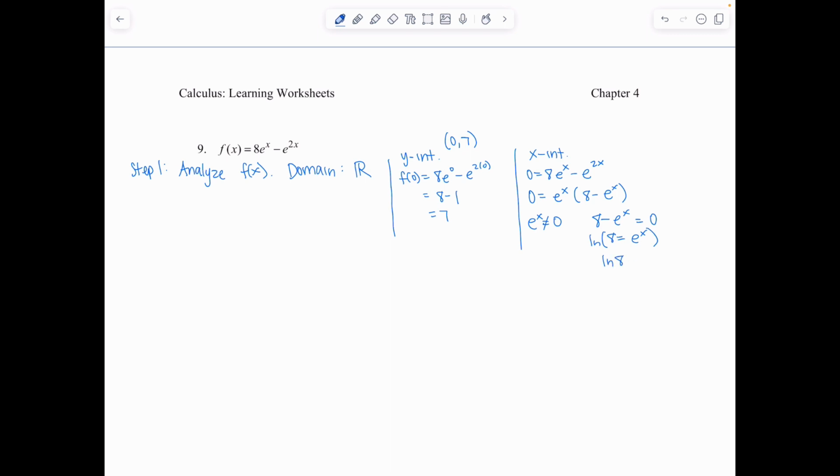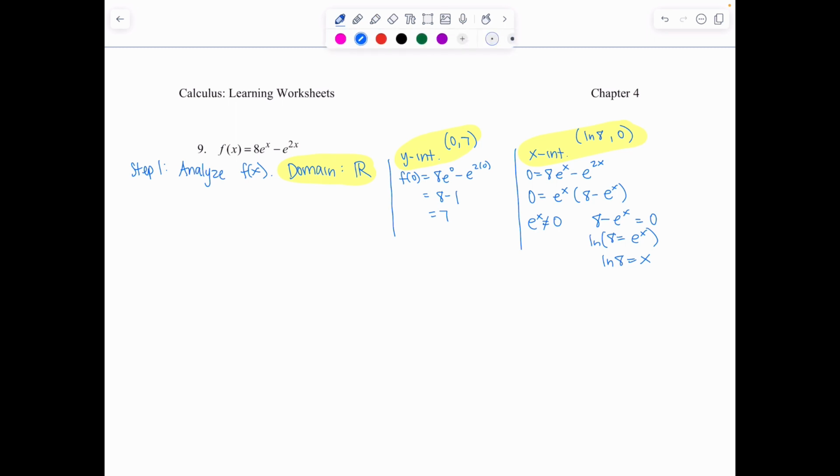Natural log 8 equals x. So our x-intercept will be (natural log 8, 0). Okay, so we have our domain, we have our y-intercept, we have our x-intercept, in this case just 1.